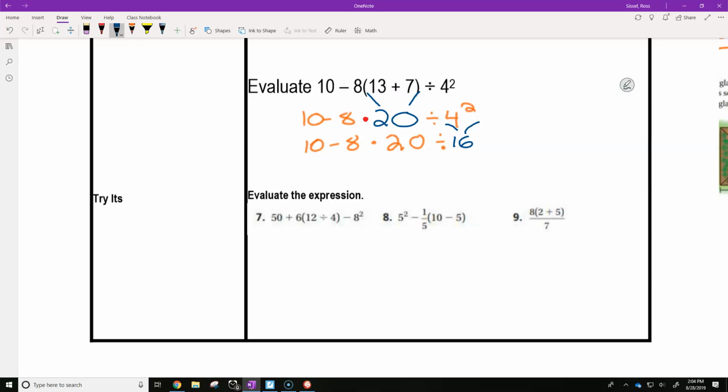But what's the next step? Hassani? 8 times 20. Not right. 8 times 20 is 160. And I'd have divided by 16, 10 minus, and 160 divided by 16 is, good, 10. 10 minus 10 is, why do people say 1 or 9?